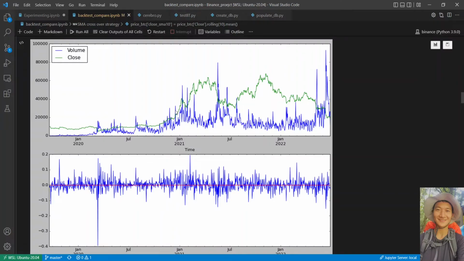And from this curve, we can also see there's a growing trend here. So we can use a simple trend following strategy to gain some profit from here.